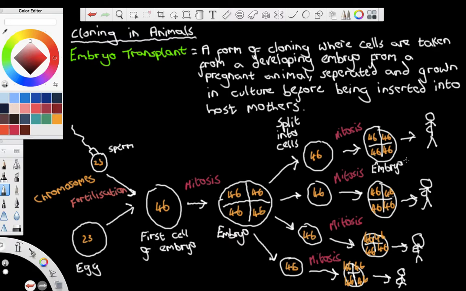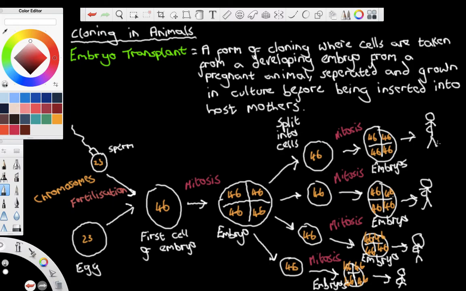The embryos are genetically identical to this original one. So we've got embryo, embryo, and embryo. And then these embryos are placed inside what are known as surrogate mothers. These are organisms that carry the clones, but the clones don't have any of their genetic material.